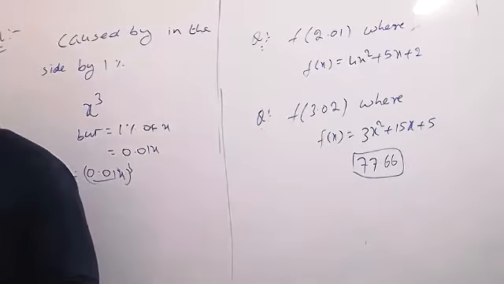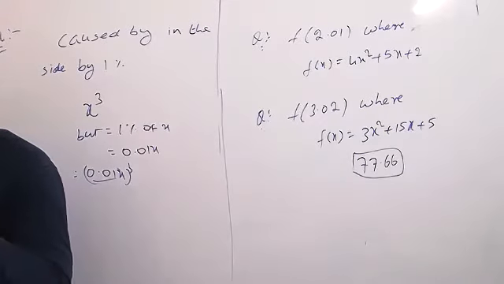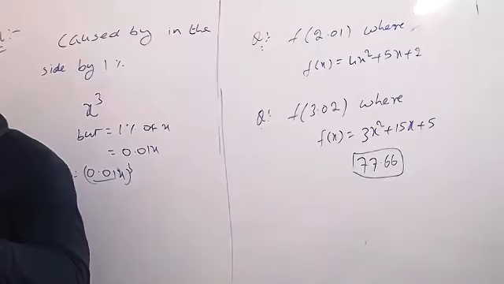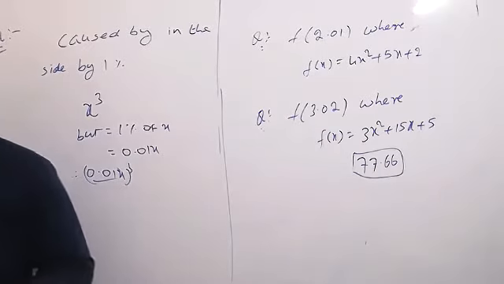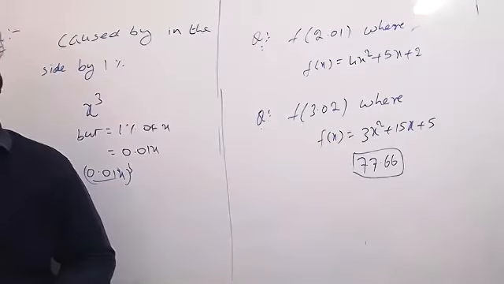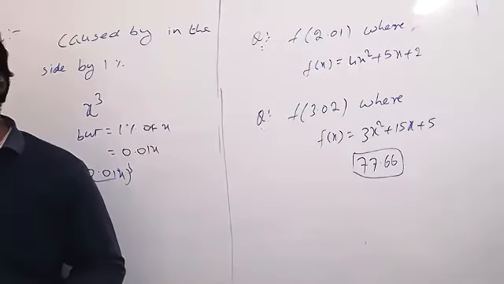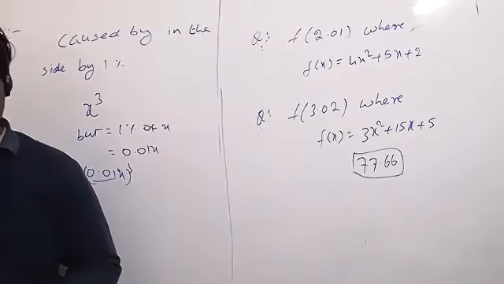We have to say how much percentage of volume will be increasing or decreasing. If the side is increasing, definitely the volume will also increase. If the side is decreasing, the volume will definitely decrease. The same concept you already know very well, but we have to solve it by differentiation.